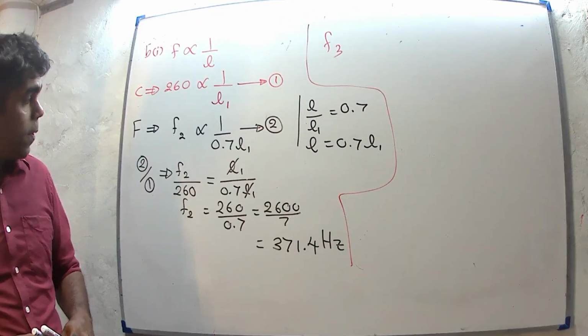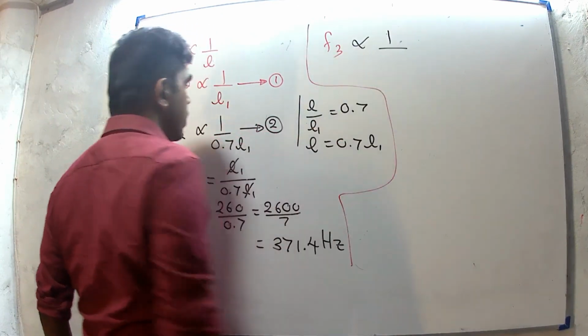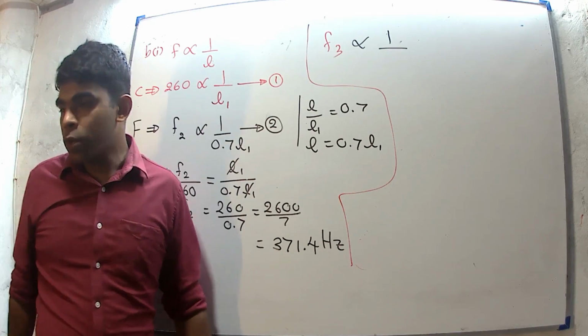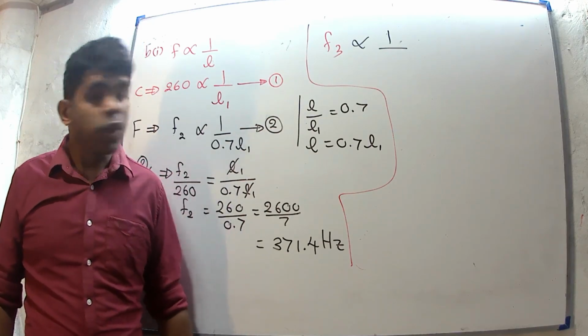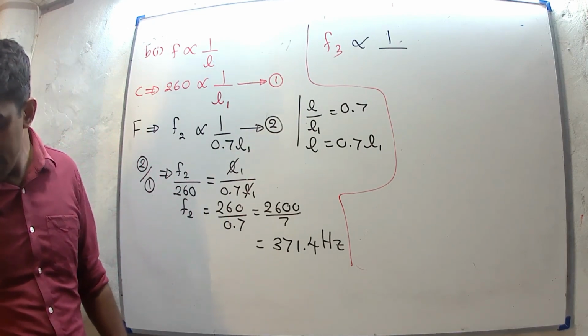F3 is inversely proportional to 1 over the corresponding resonance length, which is 0.53 L1.